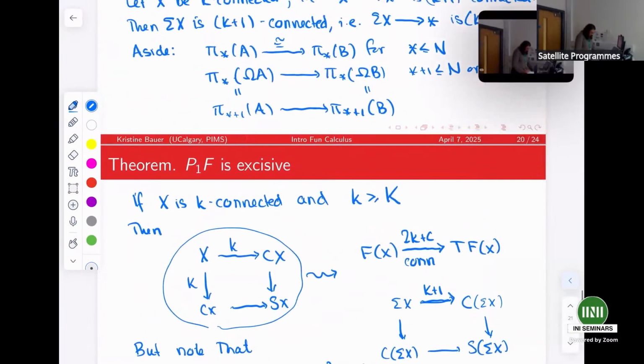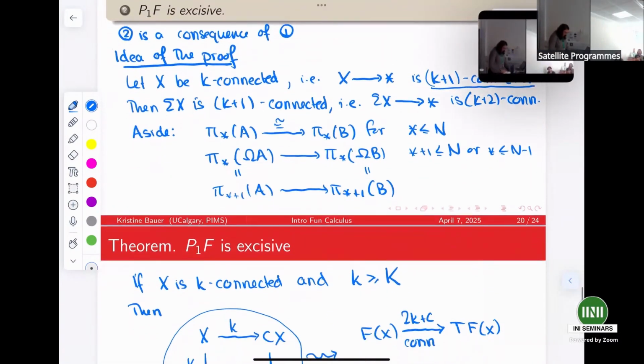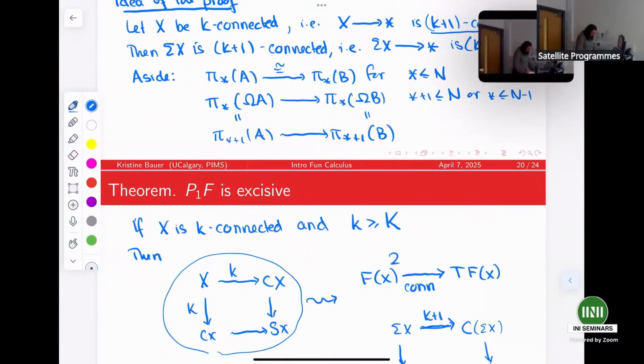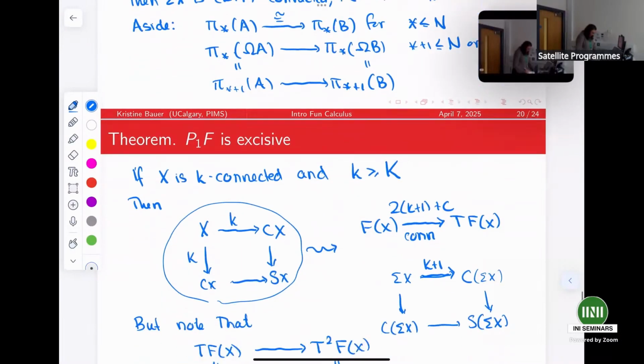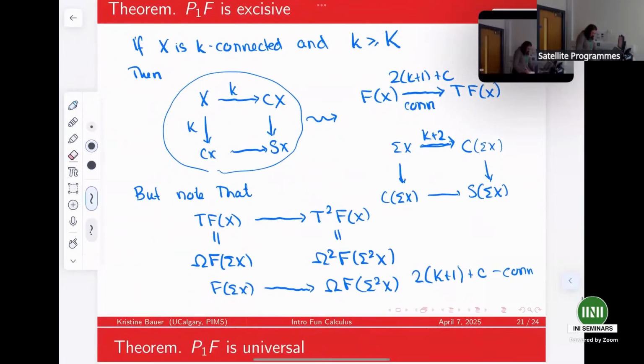Right, and so I set all of this up to make it so I didn't fall into this trap, and then look, I did it. So this one was k plus 1 connected. And this one is supposed to be 2 k plus 1 plus c connected. And this one is k plus 2 connected. So this is supposed to be 2 k plus 2 plus c connected.